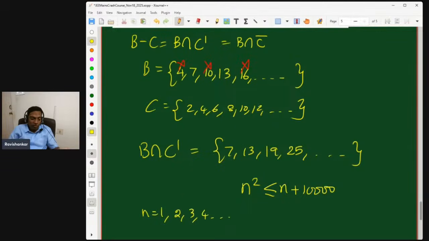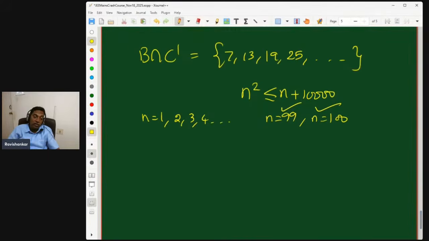You can solve it as a quadratic, but it's terribly inefficient to do that. You can see that around the boundary, where n square becomes close to 10,000, we may have to check. For example, n equals 99. Is 99 square less than or equal to 99 plus 10,000? Of course, yes, because 99 square itself is less than 10,000. What about n equals 100? Yes. Now the key question is n equals 101, 102, etc.